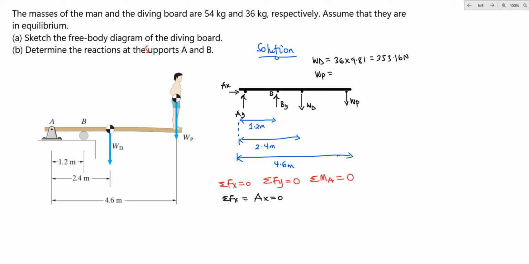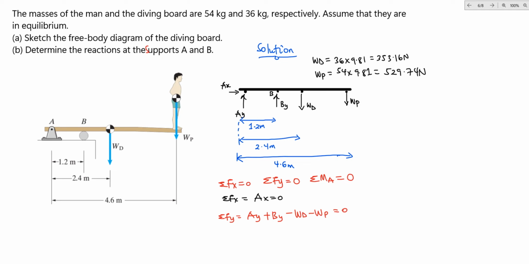Now let's find the weight of the man also. That is 54 times 9.81, which gives a value of 529.74 newtons. Now let's consider the sum of the forces in the y-axis direction. We are going to have Ay, which is pointing upwards, plus By, which is also pointing upwards, minus WD, minus WP.